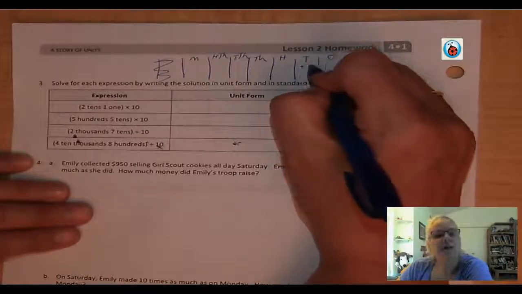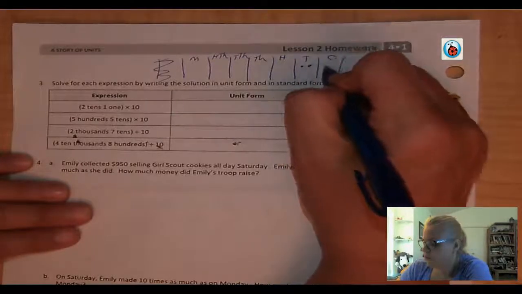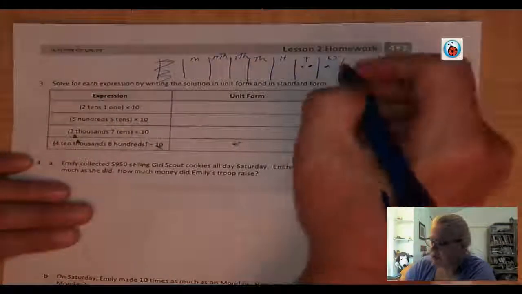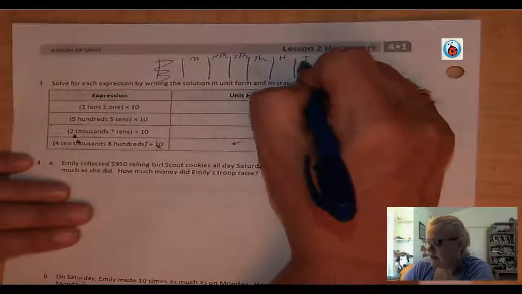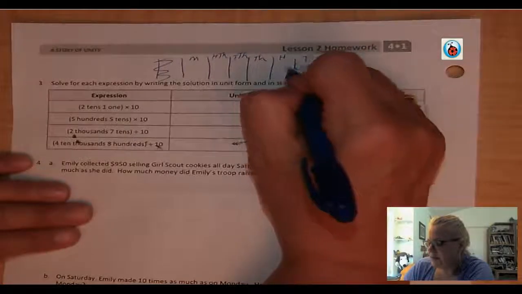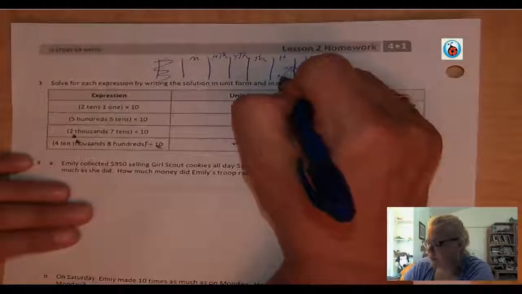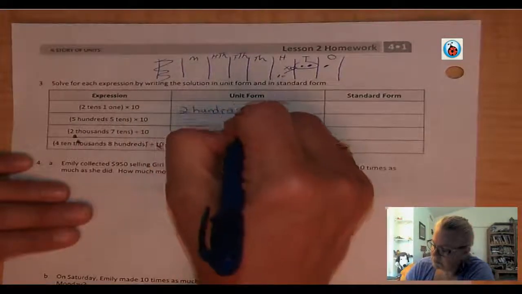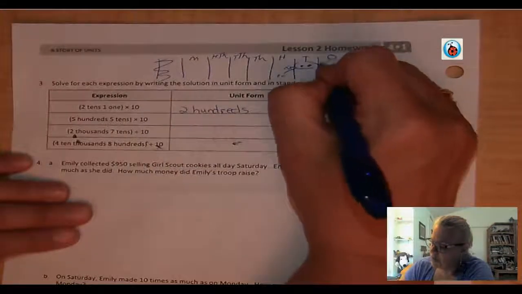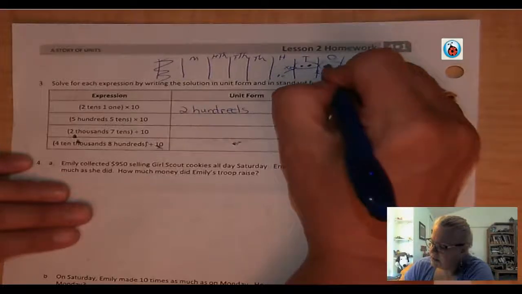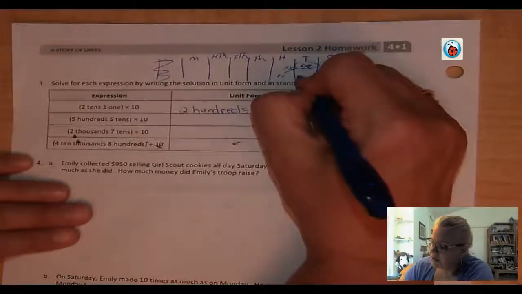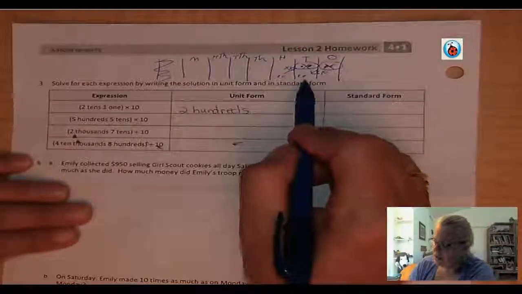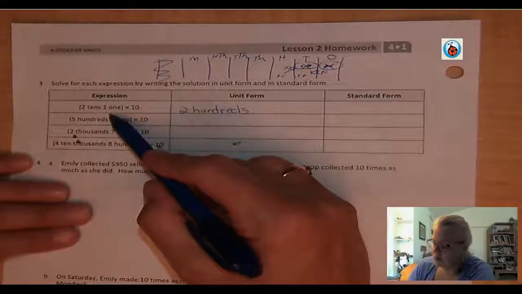So I have 2 10s and 1 1. I'm going to multiply it by 10. So 2 10s times 10 is 200s. And 2 1s times 10, so that gets crossed out, and that gets moved over.